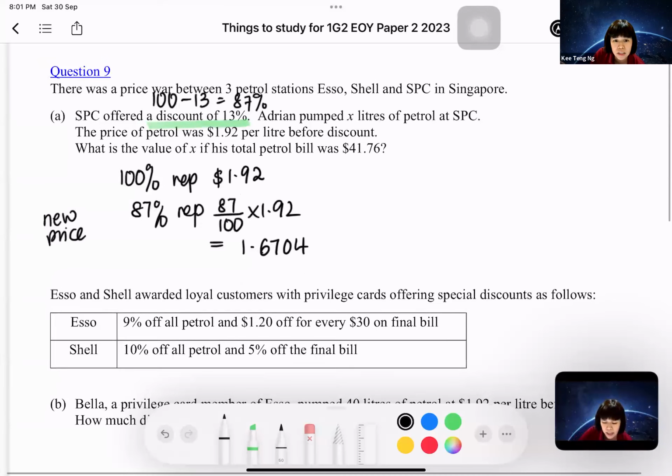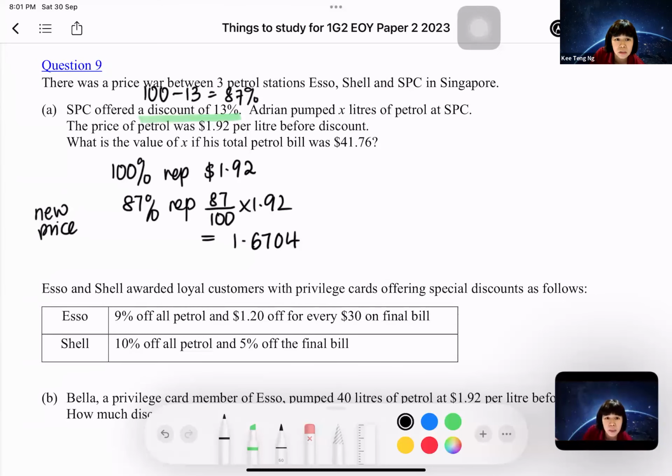Okay, then the question says the total bill is $41.76. If 1 liter costs this much, how many liters can he buy? So my total price is $41.76. I'm going to divide it by my price for 1 liter, $1.6704.